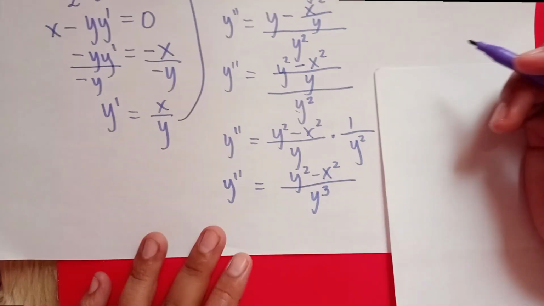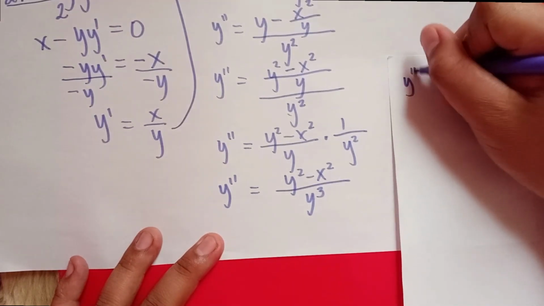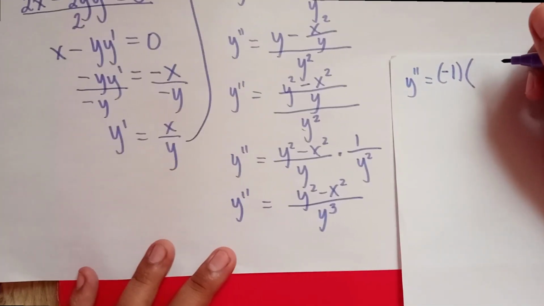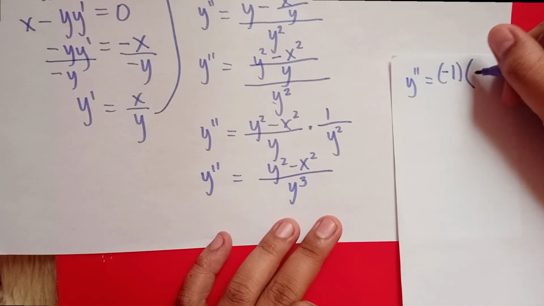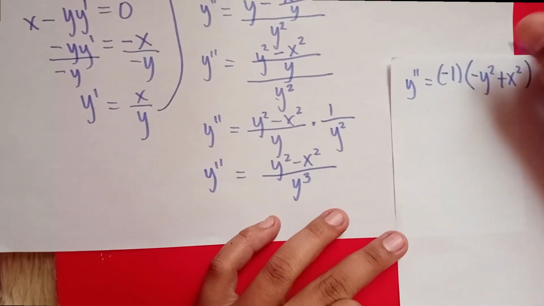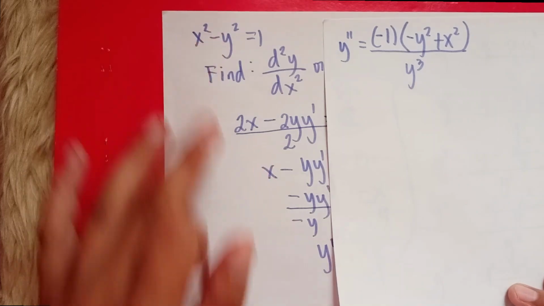Okay? So, since yung sign ang pagkakaiba, ifa-factor out natin yung negative 1. So, that is now, eto, magiging negative y squared plus x squared all over y cubed. Okay? So, ito na mga boss. Ito yung original equation natin.